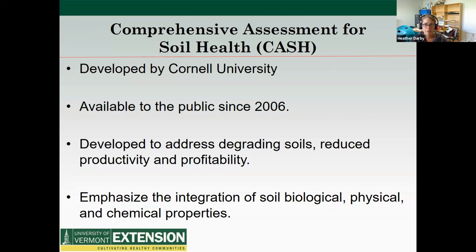So again, the Cornell Soil Health Test, which is now called the Comprehensive Assessment for Soil Health, CASH, and I think maybe they just needed a really nifty, meaningful acronym, so that's why they changed the name. But if you see CASH in the press or media, they're talking about the Cornell Soil Health Test.